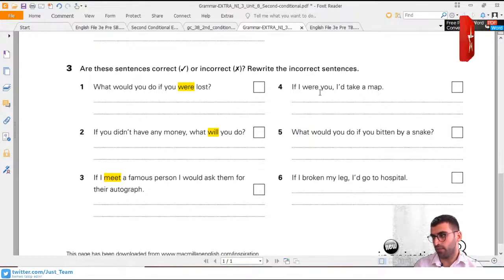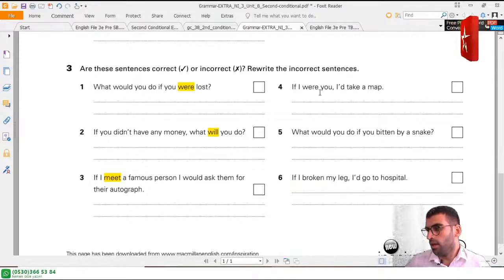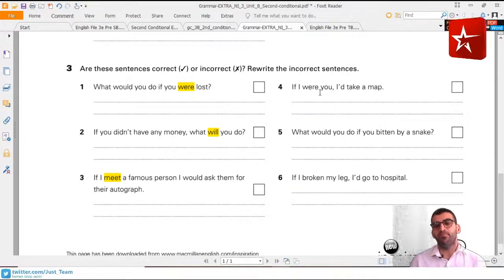Yes, number 5. Number 4 is correct. And number 5, what would you do if you're bitten by a snake?